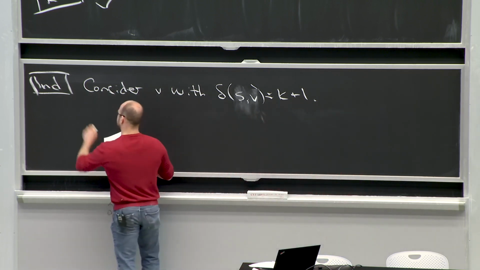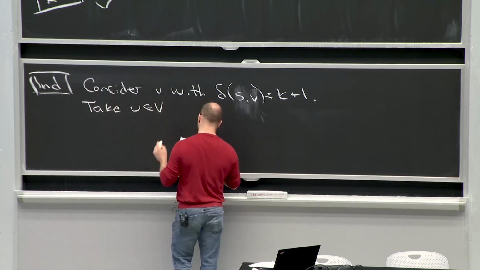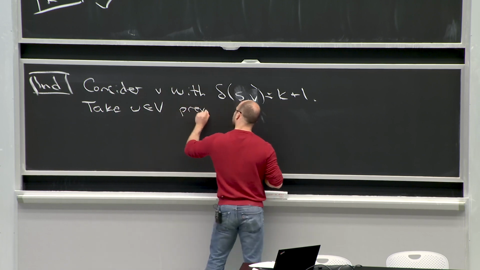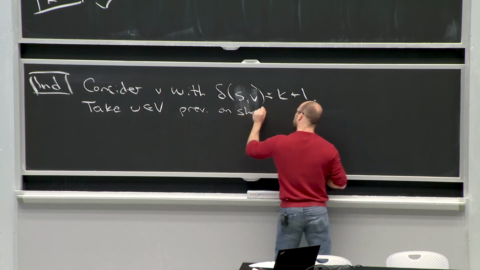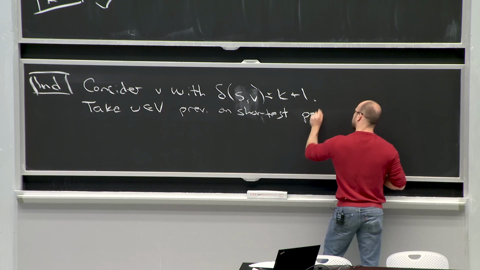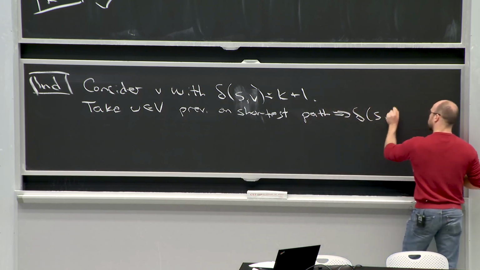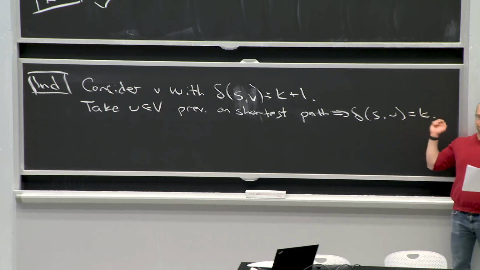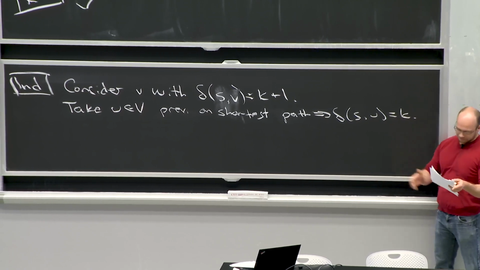So let's take U, which is also a vertex, to be the previous node on the shortest path from S to V. And so in particular, we know that the distance from S to U is equal to k, and conveniently, by our inductive hypothesis, we know that our property is true for this vertex.